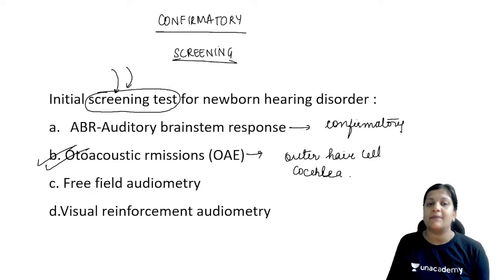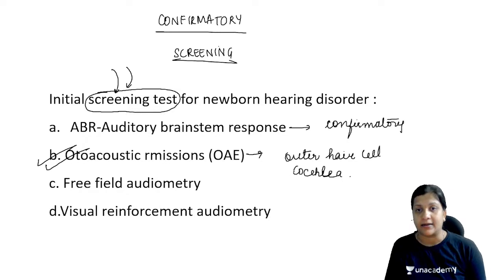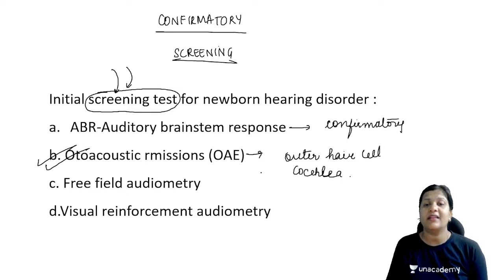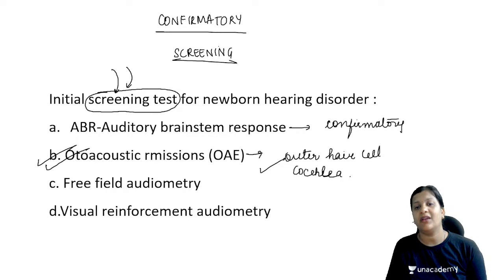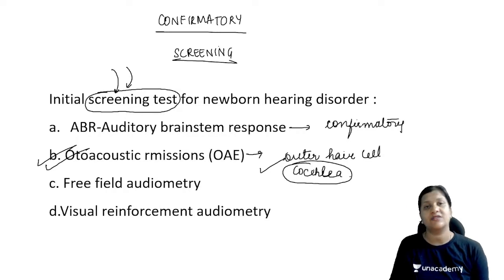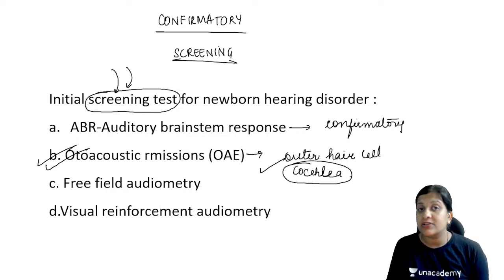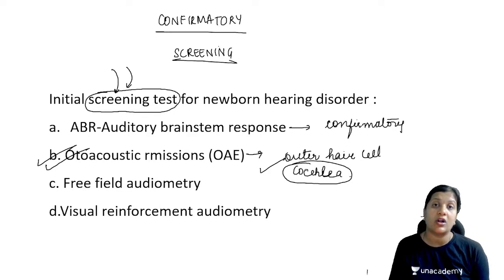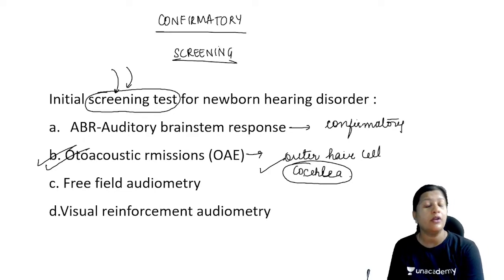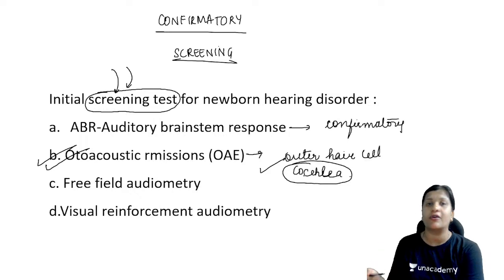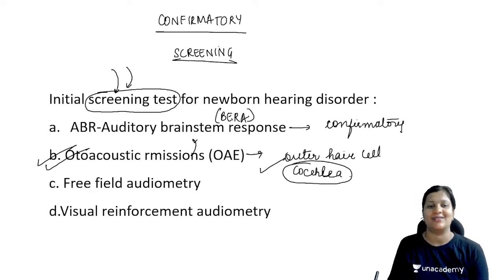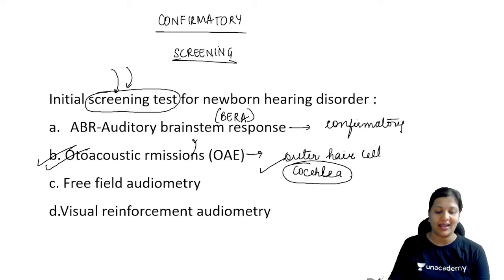So if these emissions are present, what does it mean? That the outer hair cells are functioning well, which in turn means that the cochlea is functioning well. But if these emissions are absent, does it tell you the cochlea is definitely abnormal? No. Then you'll have to confirm. The confirmatory test is auditory brainstem response, also called BERA, brainstem evoked response audiometry. So confirmatory is via BERA, screening is via otoacoustic emissions.